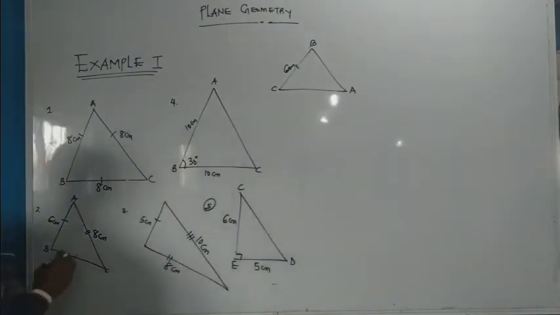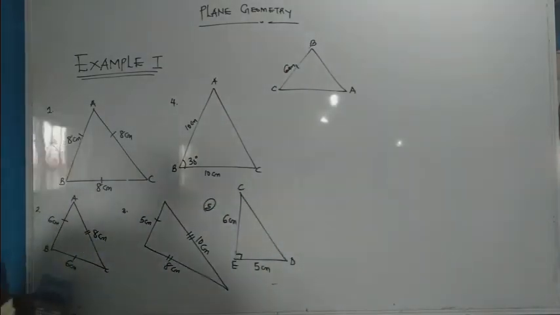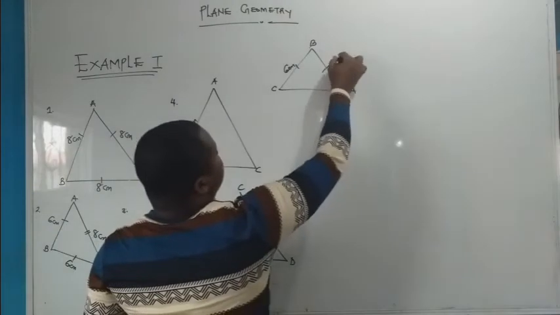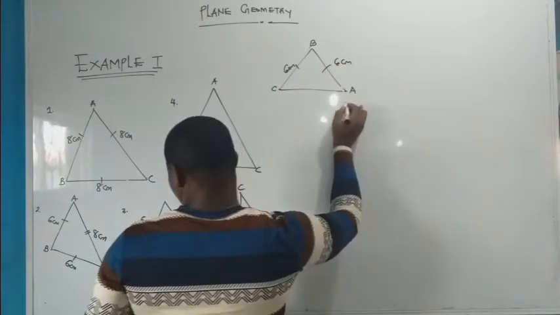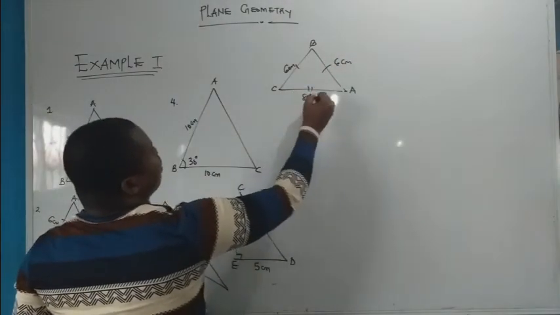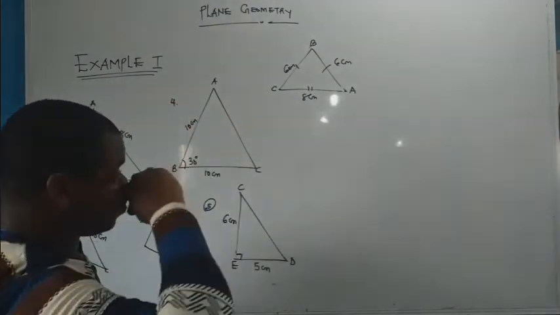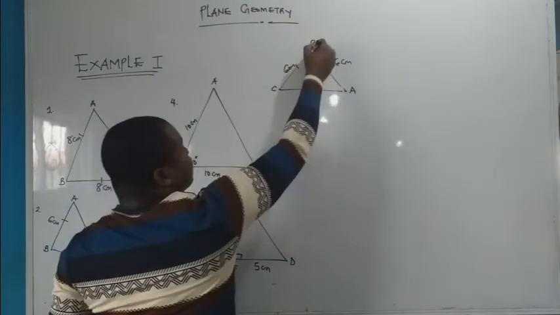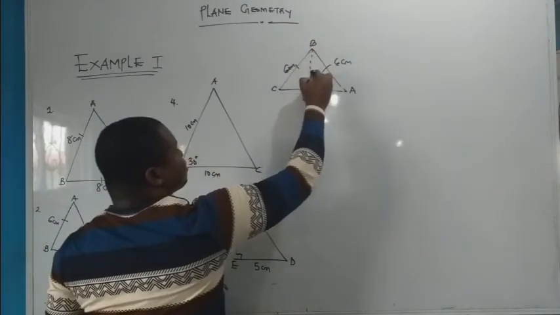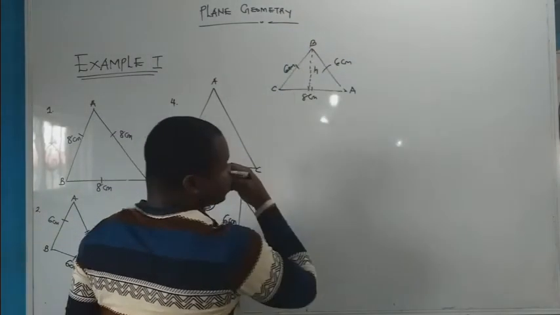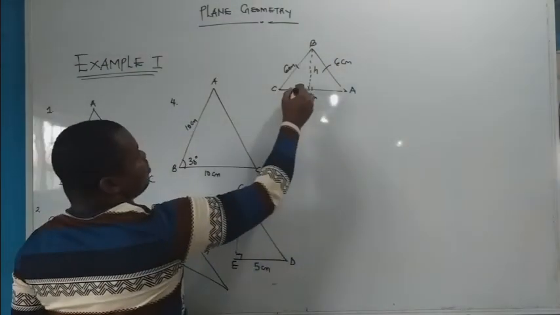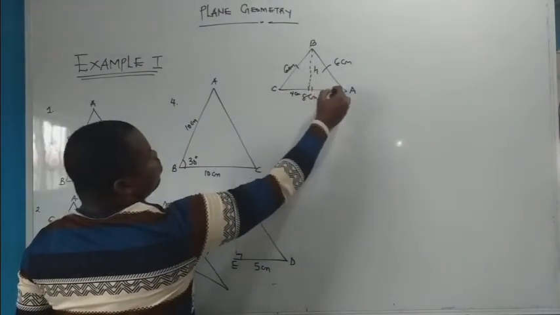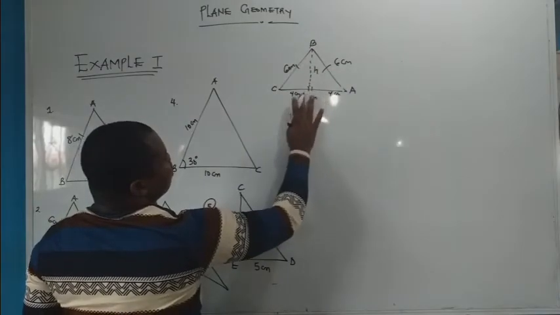Then AB, that's 6 centimeter. Then we have that to be 8 centimeter. So what do we do? You divide the triangle into 2 to get the height. That's H. So here will be 4 centimeter, and here will be 4 centimeter.